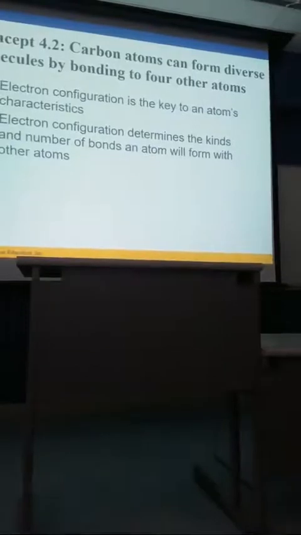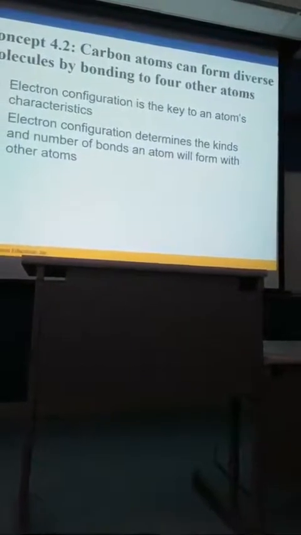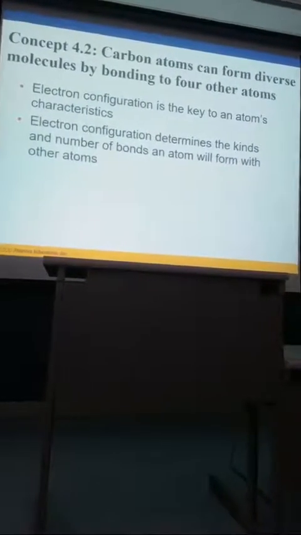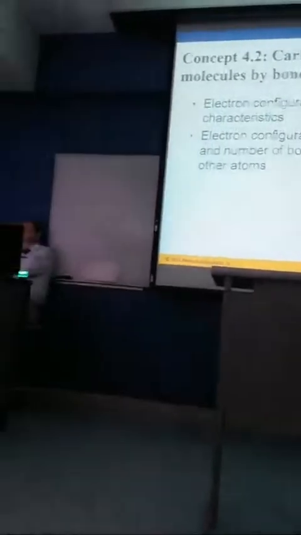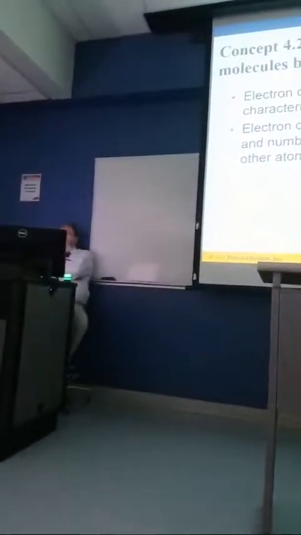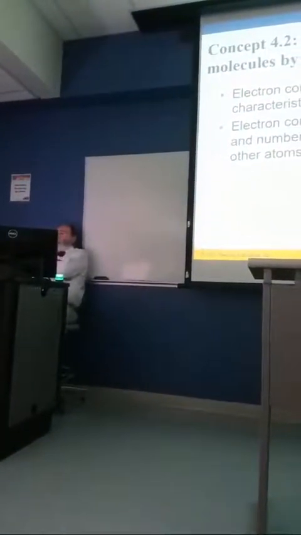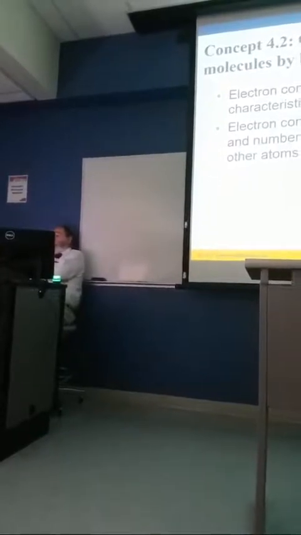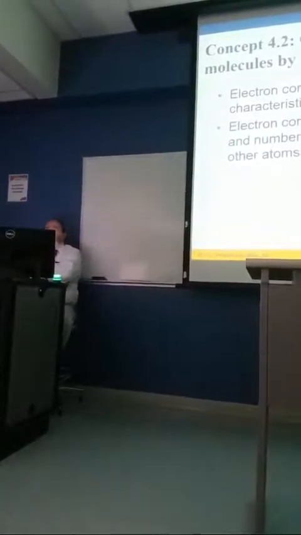Remember, the key thing that makes carbon so valuable as an organic compound is that it has 4 bonding sites. This gives it a great amount of versatility in what kind of molecules it can make and what can bond to it.